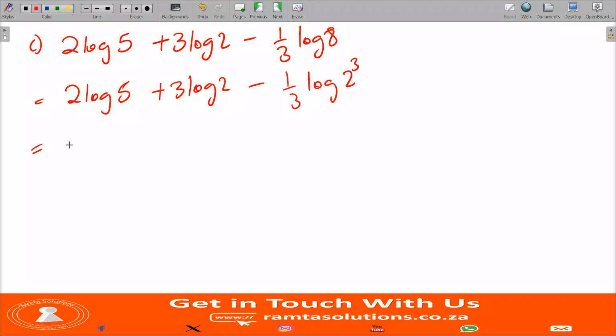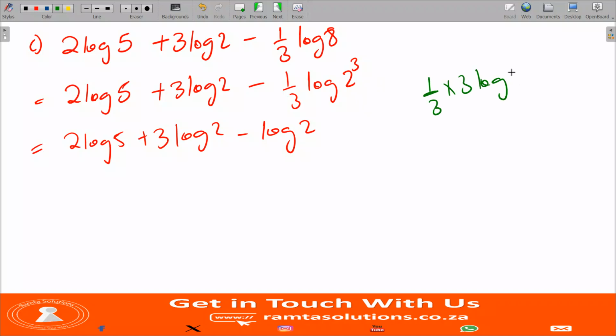And what is this? This is 2 log 5 plus 3 log 2. This now becomes log 2, because we have dropped the 3, so it'll be 1 over 3 times 3 log 2. As you can see, this becomes 1. Now, look at this.